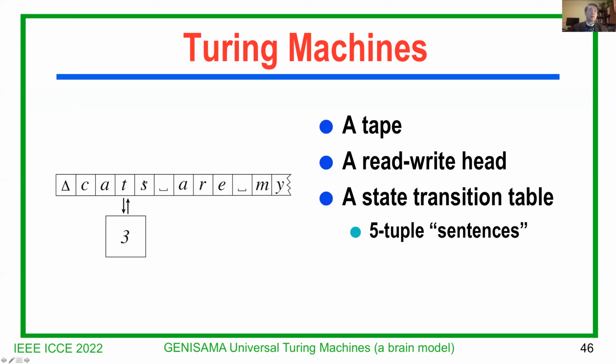Each cell has only 1 letter. There is a read-write head, which reads and writes, and there is a state transition table, which has 5-tuples. We can consider them like sentences. I have a 5-tuple, and I get to that. And this is the state of the current machine.